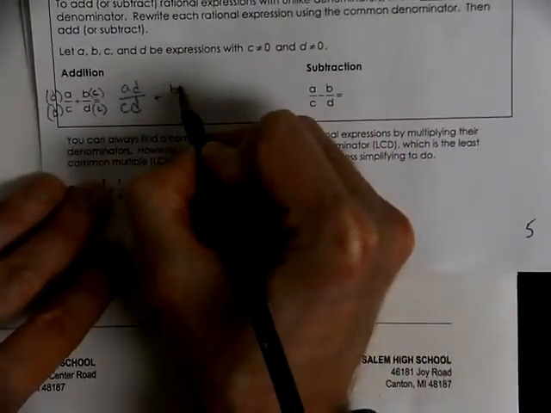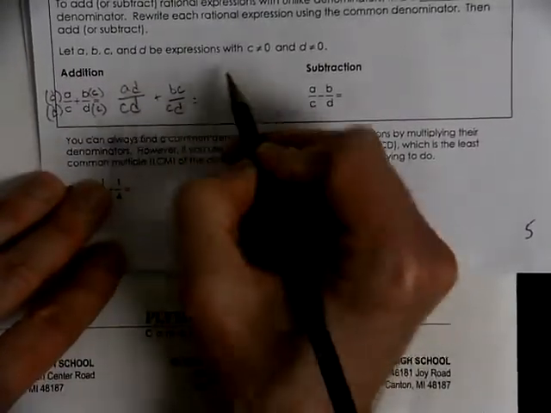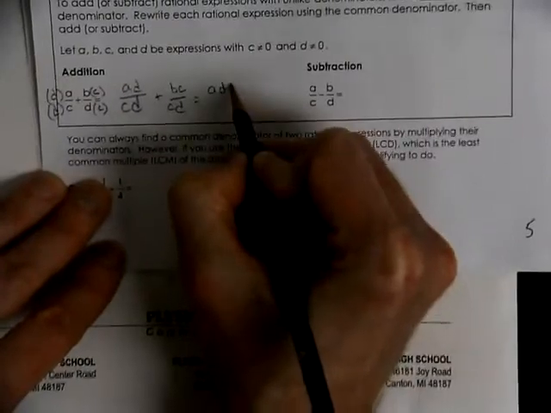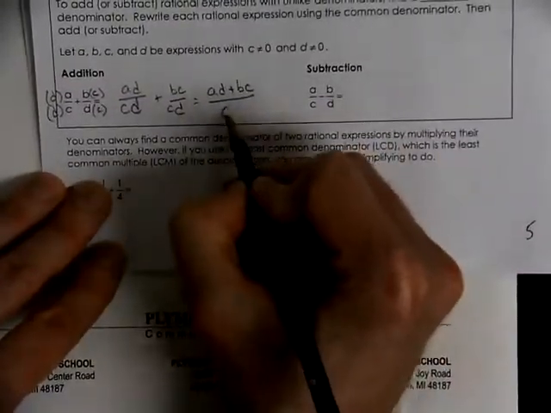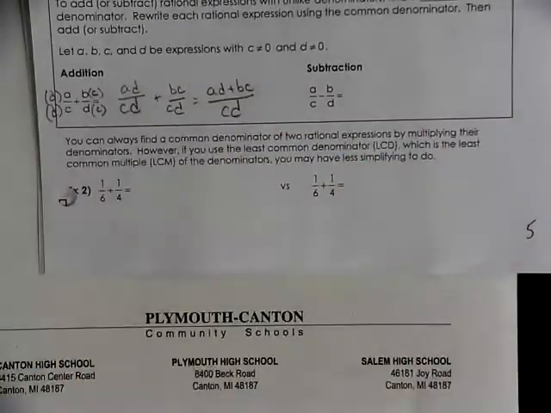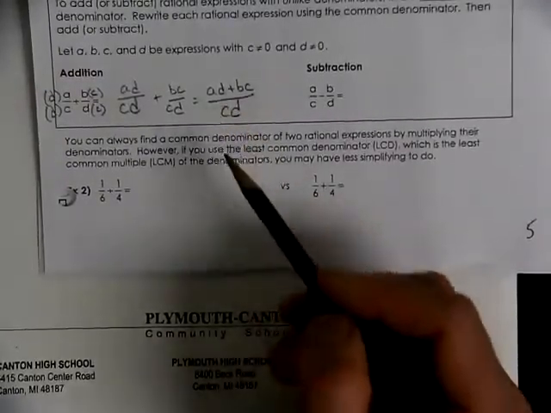So this was BC, and this would be CD. So to add those together, I add my numerators together, and I bring over my common denominator. You cannot reduce the C's, you cannot reduce the D's.